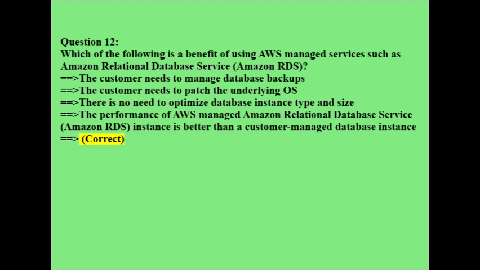Option: the performance of AWS managed Amazon Relational Database Service, Amazon RDS, instance is better than a customer managed database instance. Hence correct answer is Option: the performance of AWS managed Amazon Relational Database Service, Amazon RDS, instance is better than a customer managed database instance.